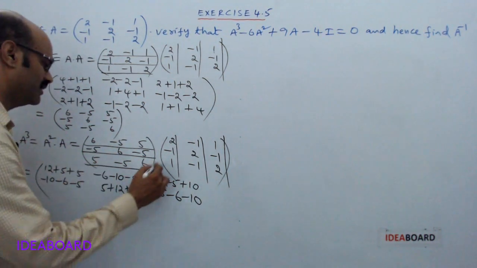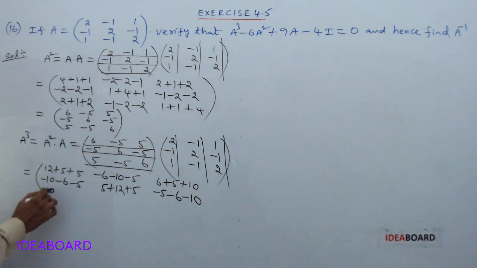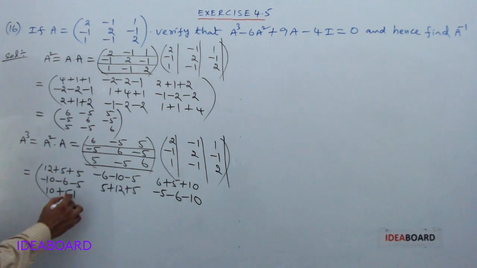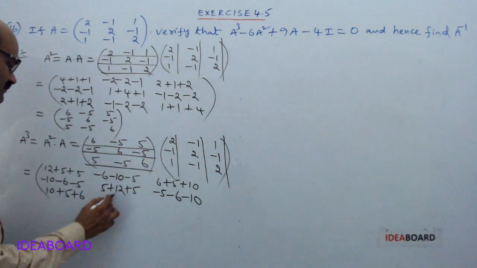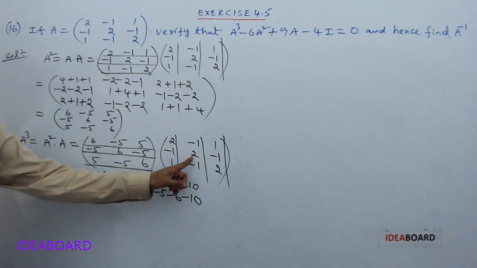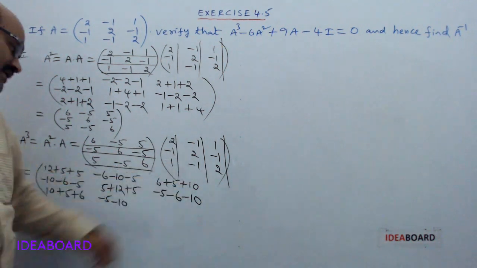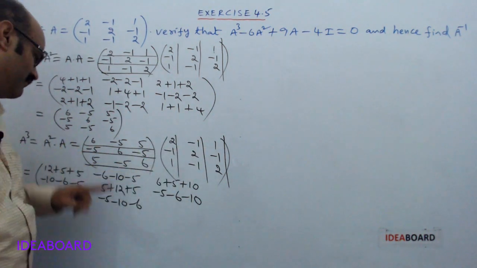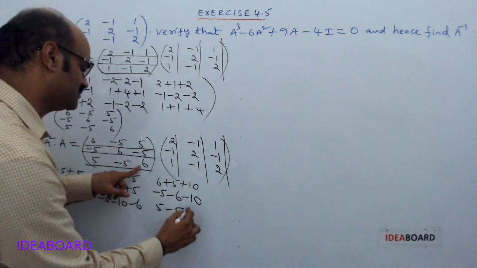Next third row into first column, 5 into 2 is 10, minus 5 into minus 1 is plus 5, plus 6 into 1 is plus 6, 5 into minus 1 is minus 5, minus 5 into 2 is minus 10, plus 6 into minus 1 is minus 6, 5 into 1 is 5, minus 5 plus 12.